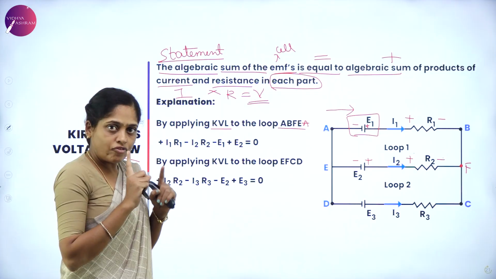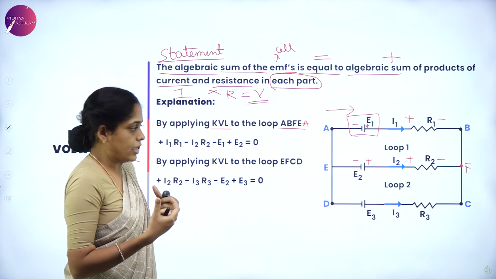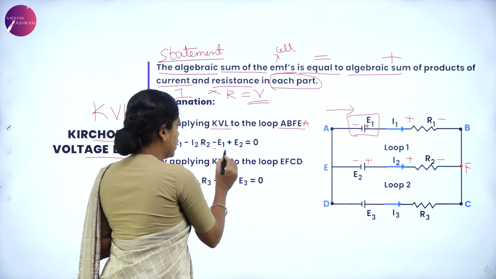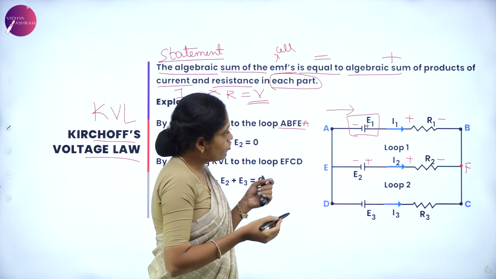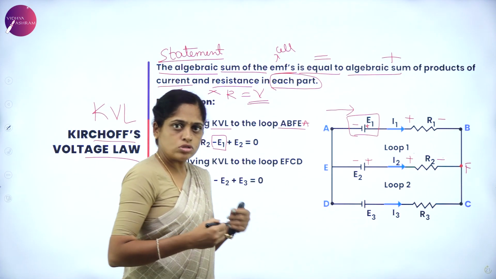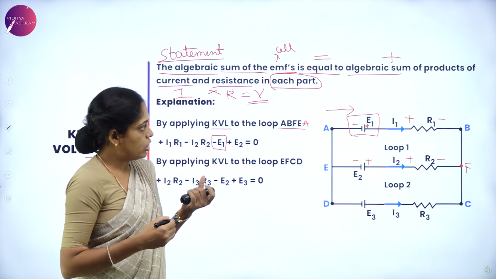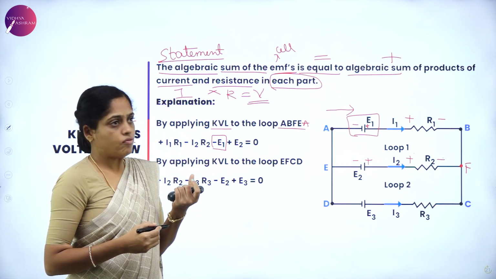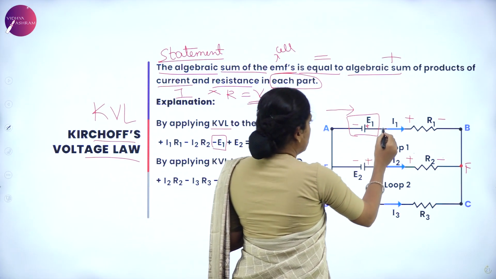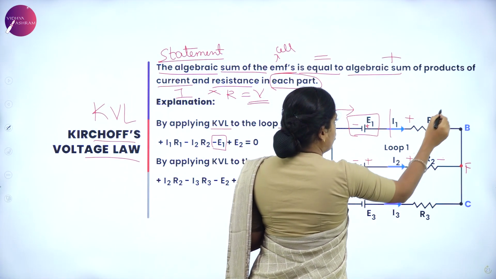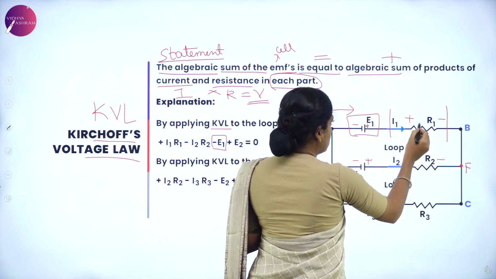So I consider the first sign, that is negative. Negative of E1. For the rest of the elements also, I need to consider the first sign which I reach.